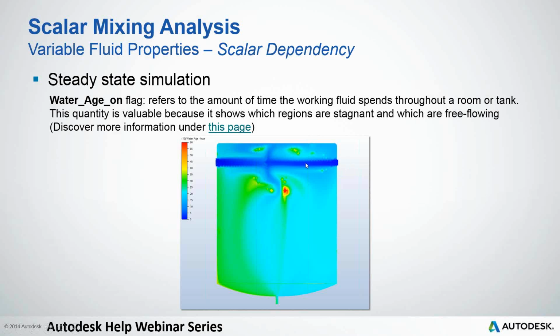For example, here we have the inflow of our methane and water, and you can see how here the water age is only about 0 to 10 hours, and in this region it's stagnating. For more information about this flag, I would recommend that you visit this link.